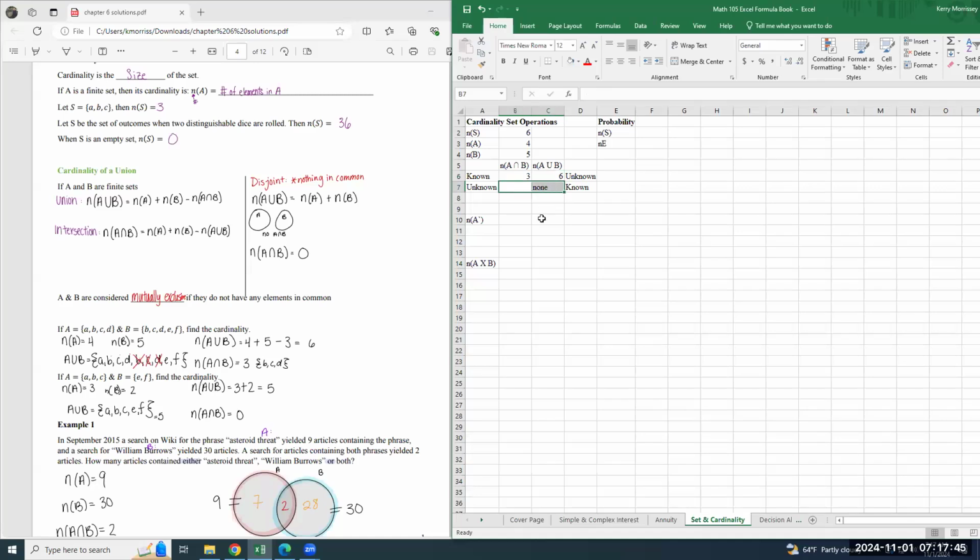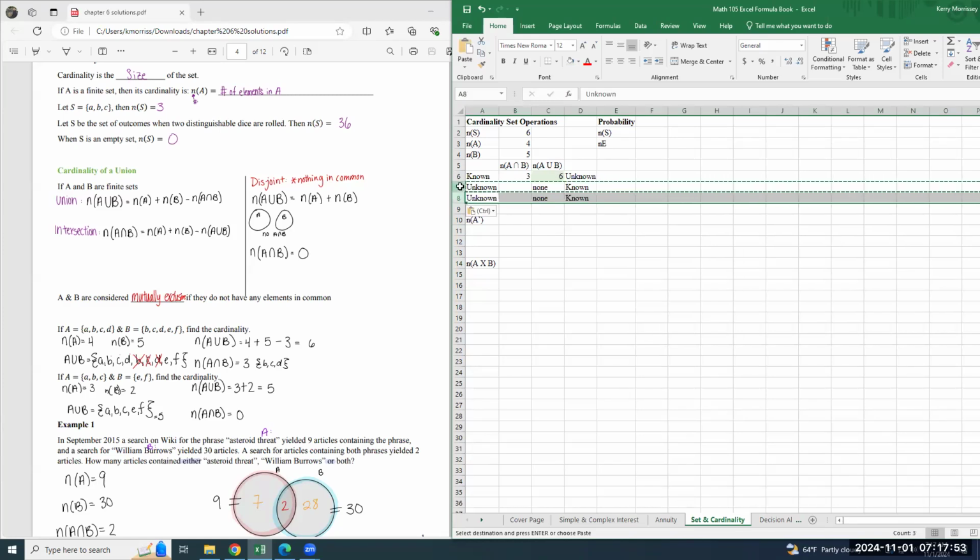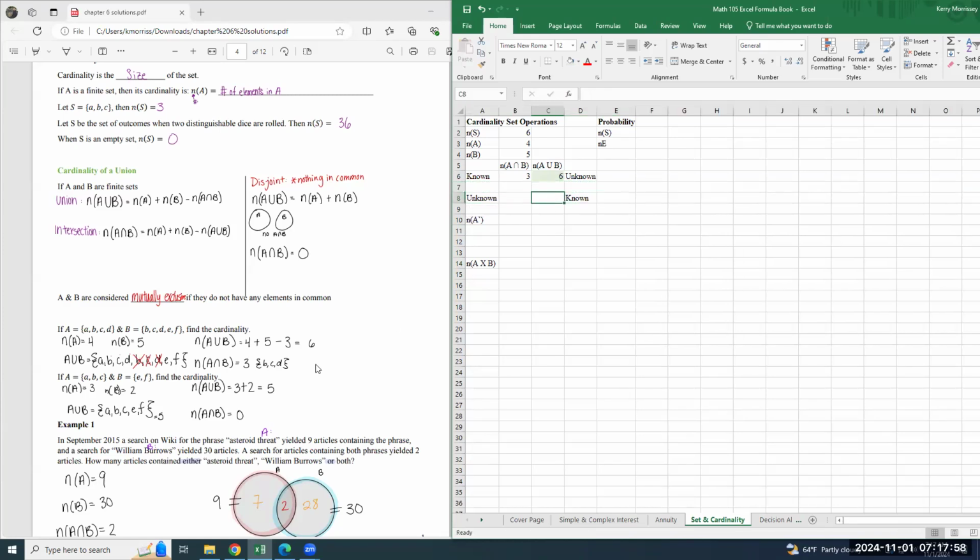Now let's try it again with this one. Let's say that this is the one that we want, and maybe I scoot this down and put it over here. If I wanted to go in reverse, if I wanted to know A and B, so I have this unknown, what I could do is the opposite.